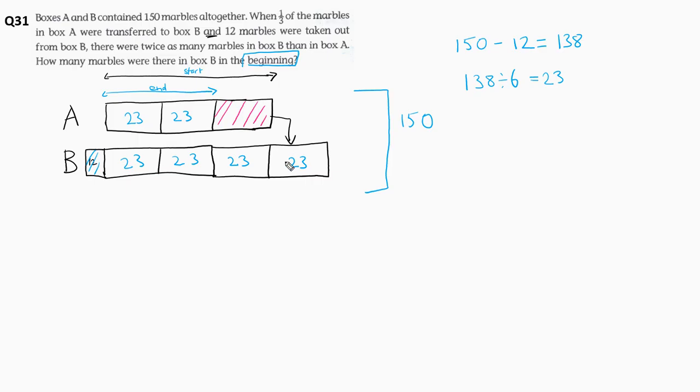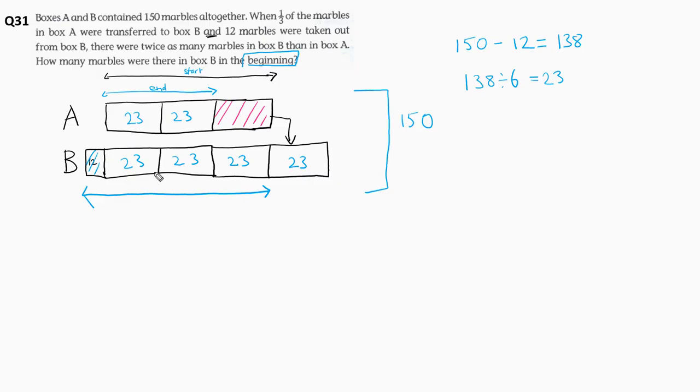Well, this came from box A, didn't it? That wasn't there at the beginning. So at the beginning, box B had all of these plus this 12, remember? They were there at the beginning, although they were taken out afterwards. But the beginning amount includes that.